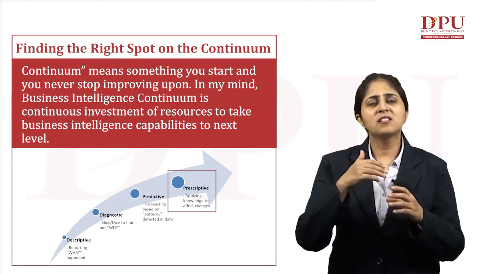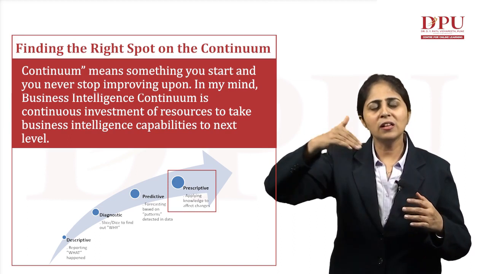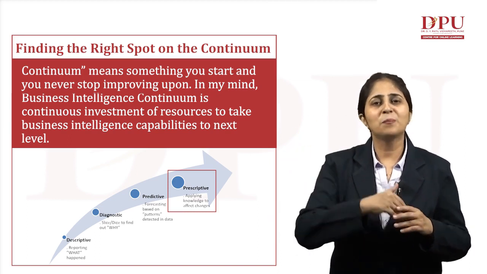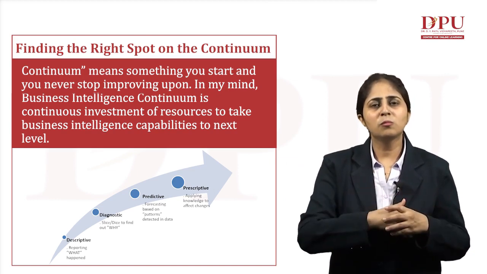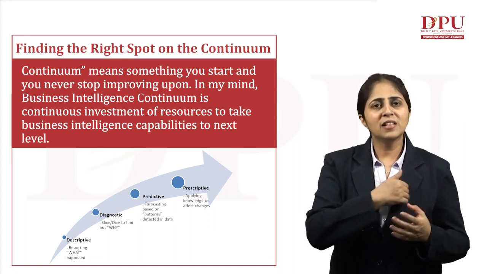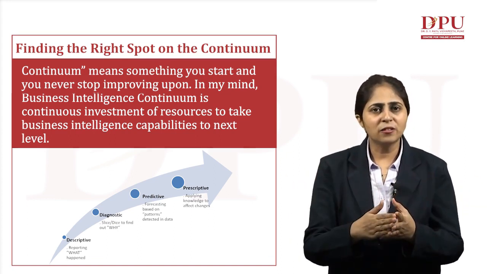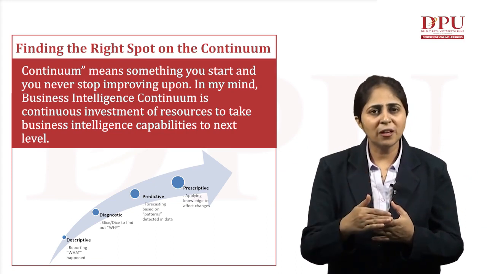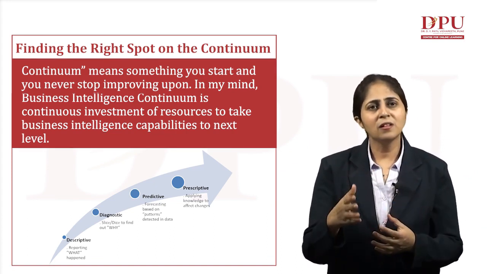So this is finding the right spot on the continuum. That means we are continuously moving towards improvement. We want our business intelligence tool to help us in continuously improving, help us gain more and more by doing these kinds of analysis. The first is descriptive, that analyzes what has happened.